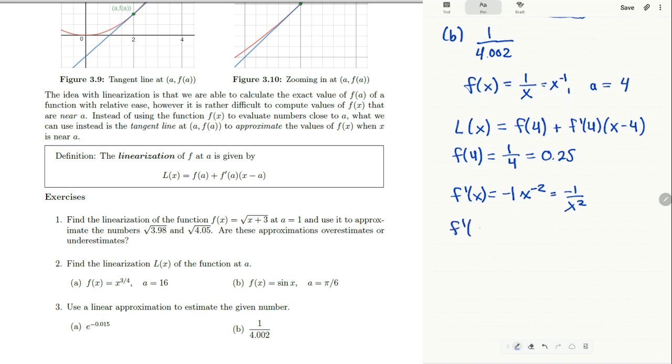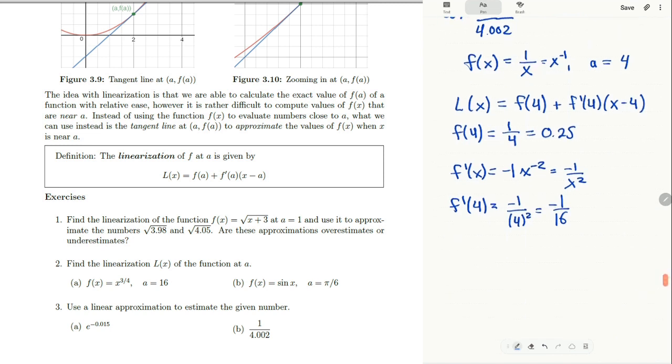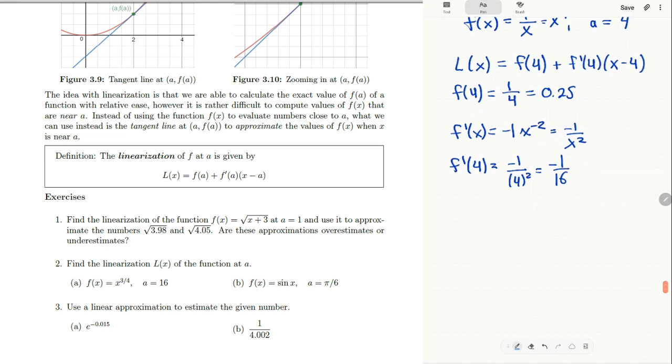Then evaluating the function at 4, we get negative 1 over 4 squared, which is negative 1 over 16. So now we can use this to determine the linearization, which is 1 over 4 minus 1 over 16 times x minus 4.